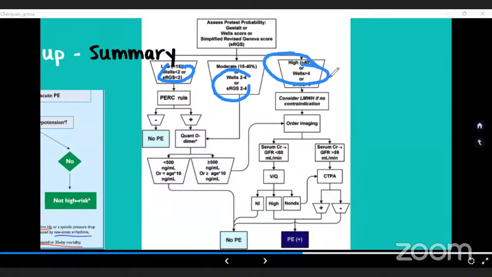If the patient has a high risk Wells score with your clinical suspicion, you have to think of doing imaging. You are not going to do a D-dimer. You have to go for a definitive diagnostic test. Based on renal function and everything, you can decide whether you are going for a CT pulmonary angiogram or a VQ scan.